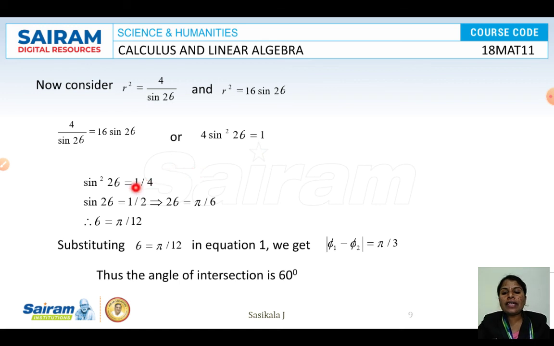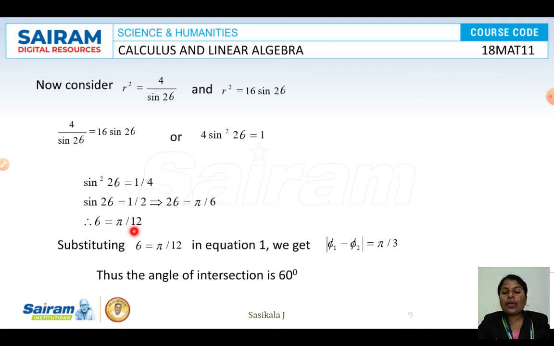So sine square 2 theta is equal to 1 by 4. Then sine 2 theta is nothing but 1 by root 4, which is 1 by 2. So 2 theta is sine inverse of 1 by 2, which is nothing but pi by 6, isn't it? So 2 theta is equal to pi by 6. Then theta will be pi by 12.